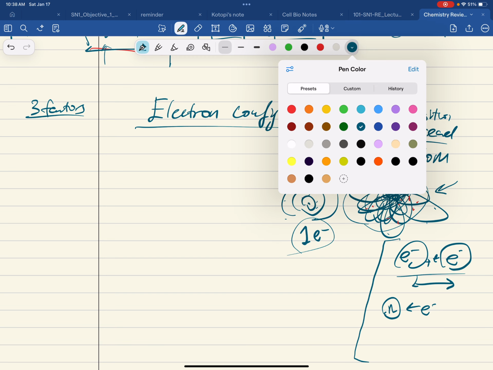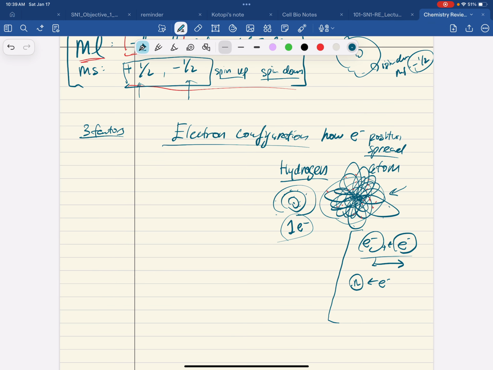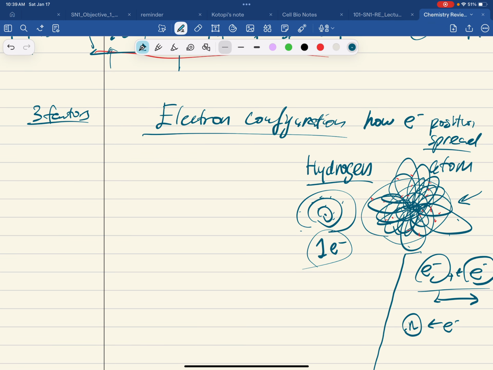Other than that, basically every single other atom will follow 3 principles. The first one is Coulomb's law. Energy equals, in the simplified version, Q1 Q2 over R squared.